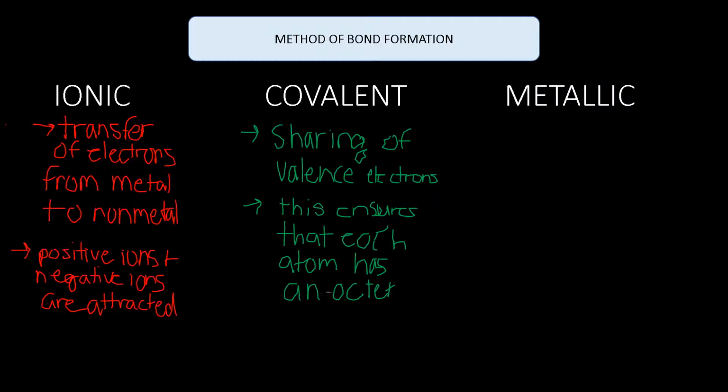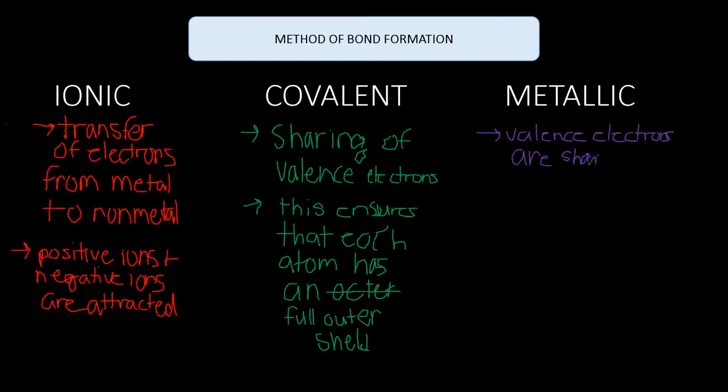So really, we should say a full outer shell. And for metallic bonds, valence electrons are shared among all the atoms.